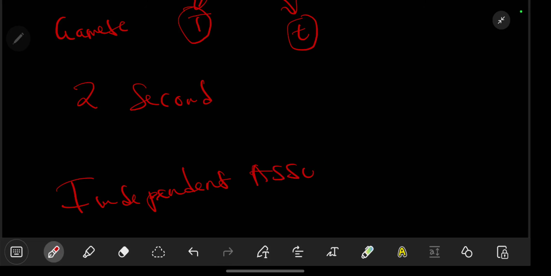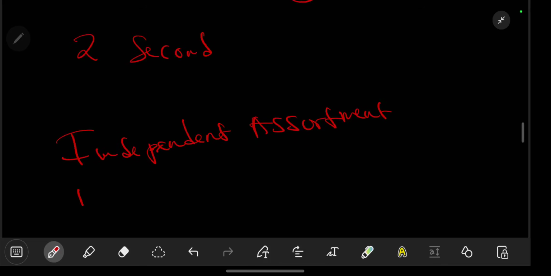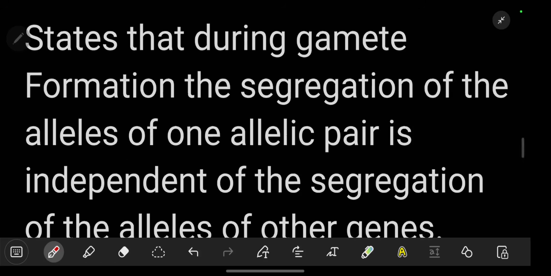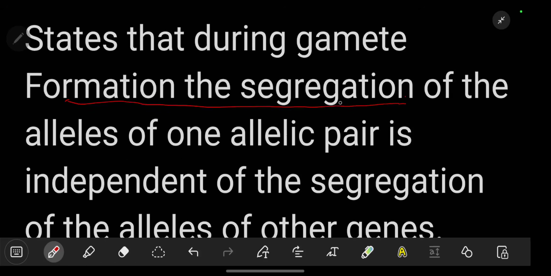Independent assortment simply states that during gamete formation, the segregation, which is the separation of alleles of one allele pair, remember, alleles occur in pairs, like how we had our T and our t.